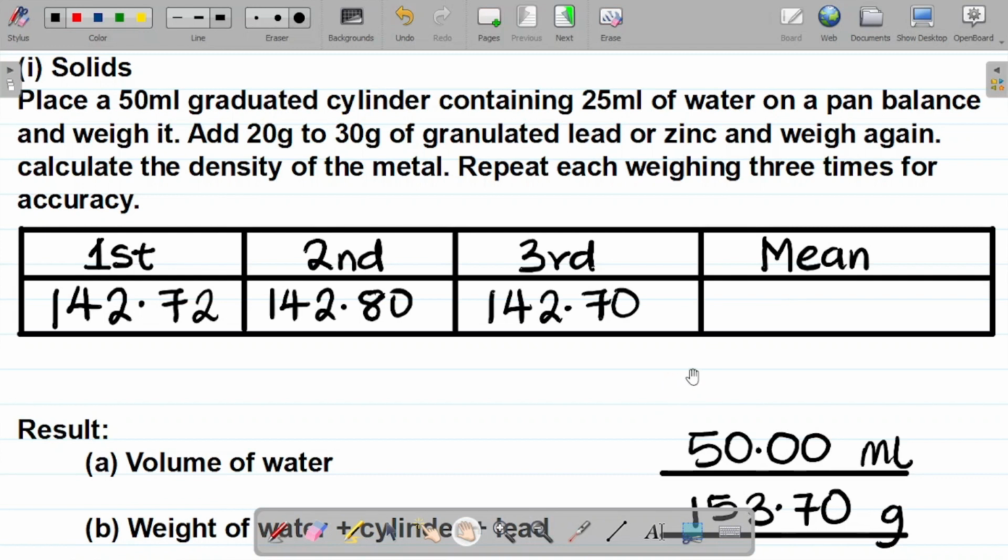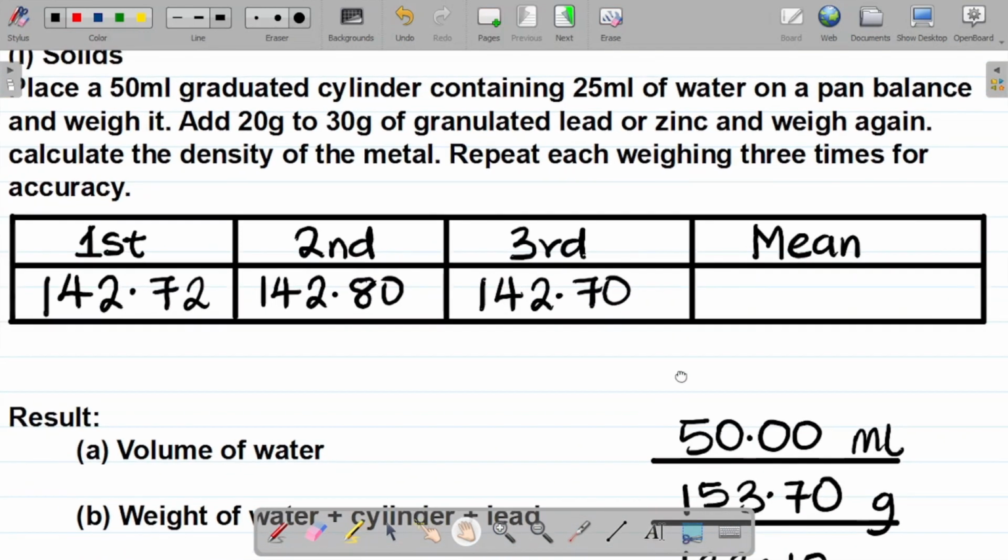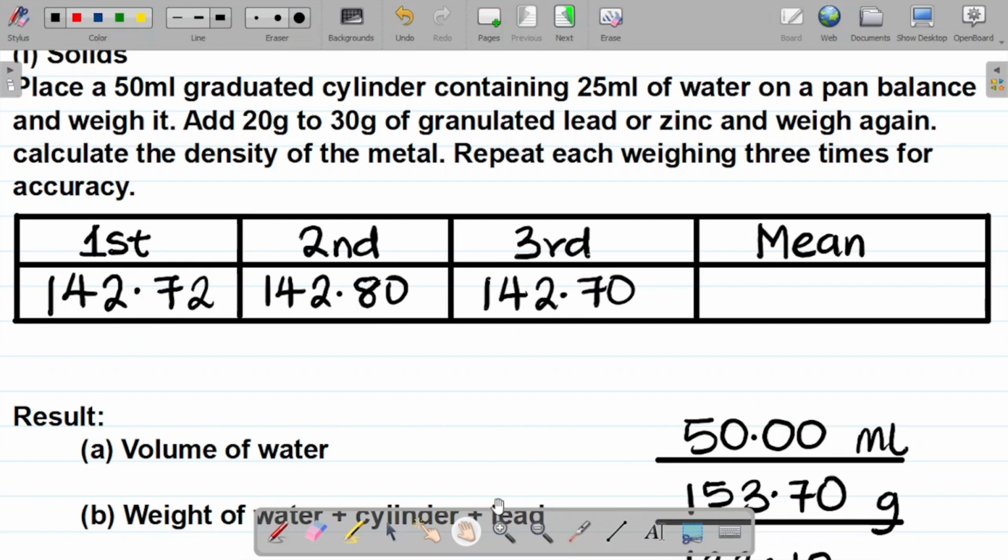So how do I find the mean? Of course, to get the mean, I'll simply add 1, 2, 3 and divide by 3.